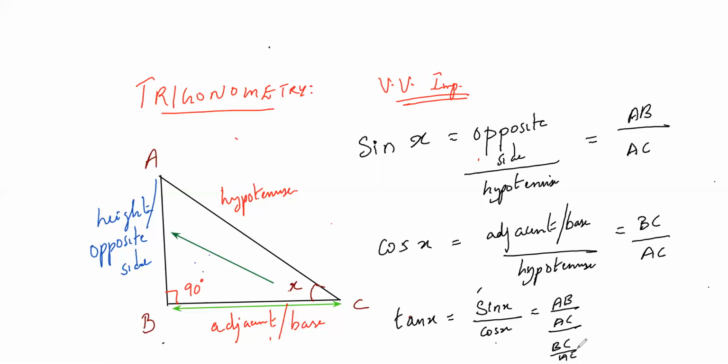We can cancel AC and AC, so we get AB by BC, which is opposite side by adjacent side, or base. So tan X is AB by BC. That's all. Is it clear? Perfect. Once you copy it down, let me know.